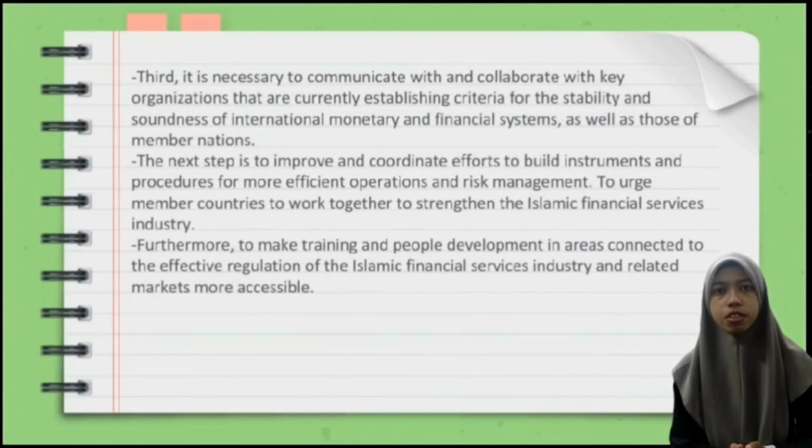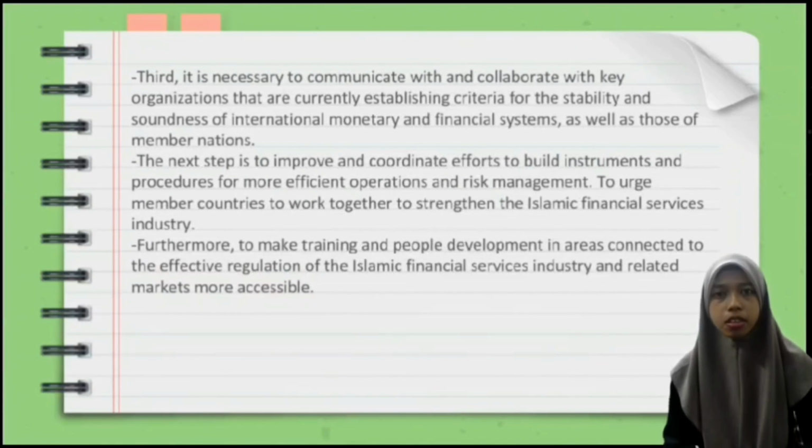Third, it is necessary to communicate with and collaborate with key organizations that are currently establishing criteria for the stability and soundness of international monetary and financial systems, as well as those of member nations.